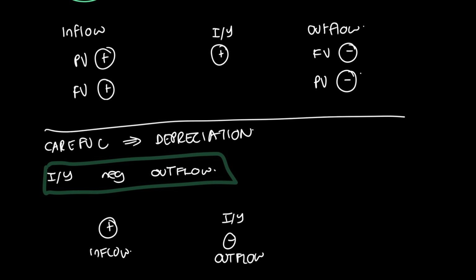And the only way we can do this on the calculator and make sure that it is correct, particularly if we see our interest negative, is to have our present value as positive. And then what's going to happen is the future value here is going to show up as negative.